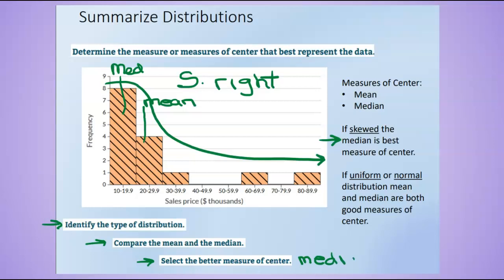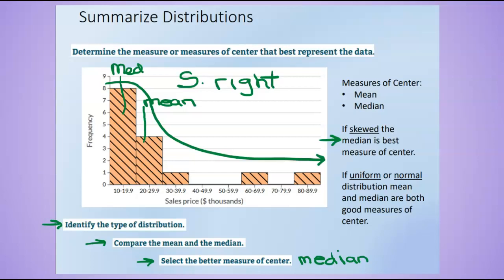So if I were to tell you about this data, I would say, well, in a skewed right distribution, our mean is being pulled away from the middle of all the data. So if I were to want to see how many things we sold, I would look at the median.